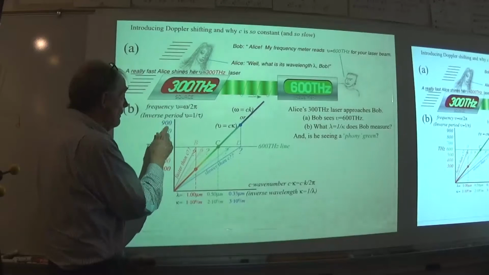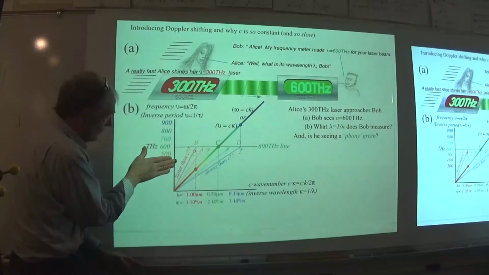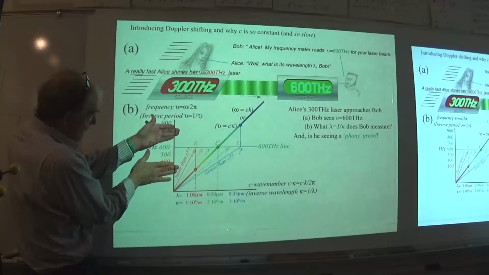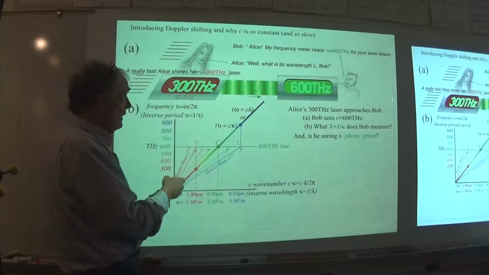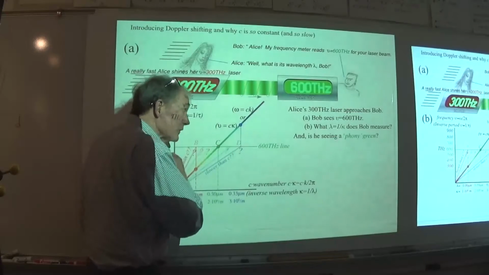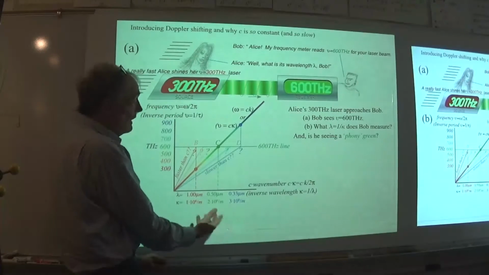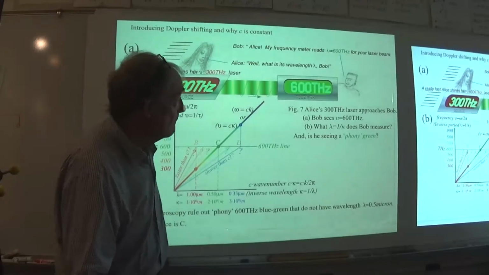But these are higher frequencies which you can't see here. The actual visible is about there and there, but I'm using color sort of loosely here. In any case, the question is, he knows he's got 600 terahertz, but where in this graph is that light supposed to be? Okay, so let's push ahead here.